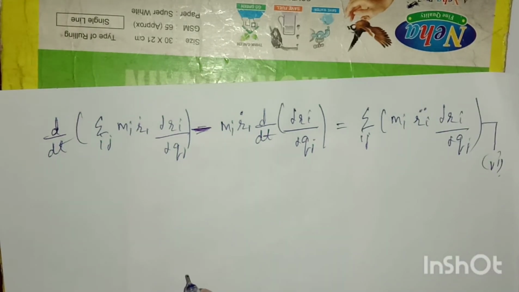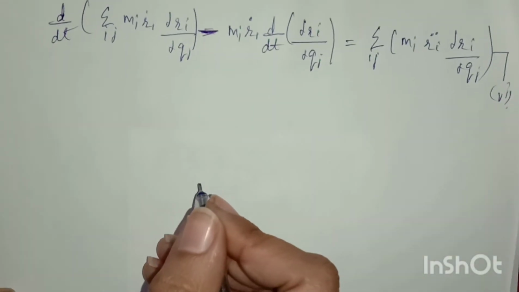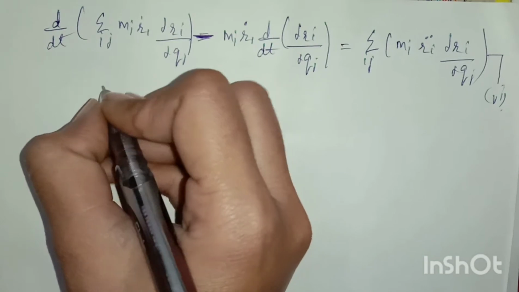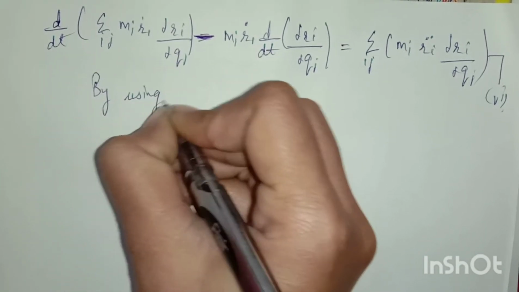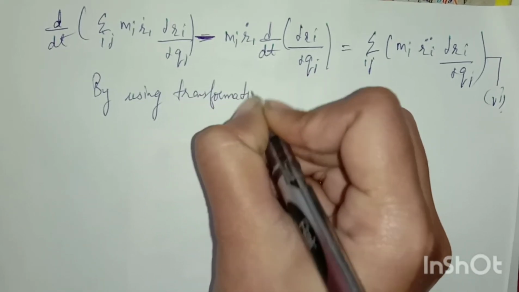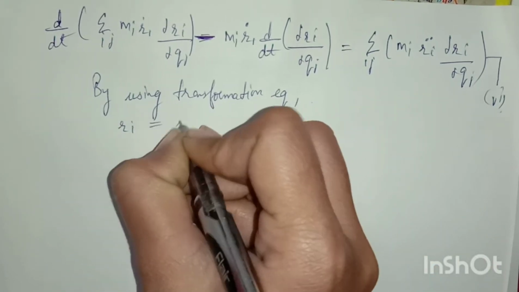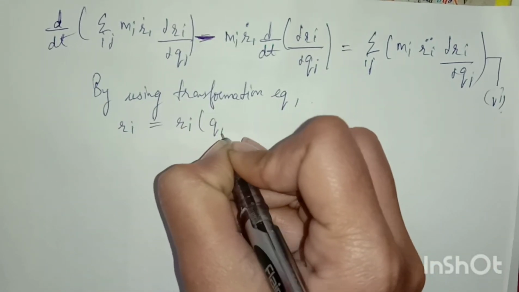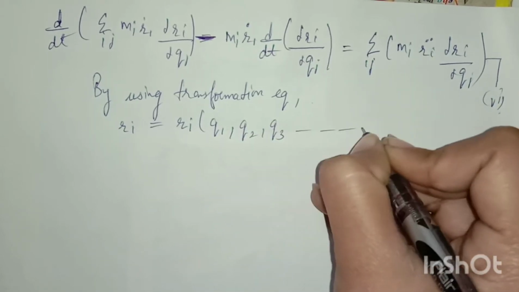Now as we know, we have the transformation equation, by using which Ri is equal to Ri of q1, q2, q3 and so on.